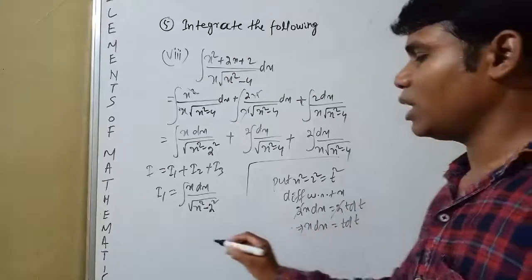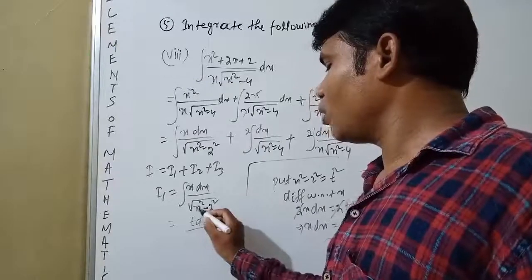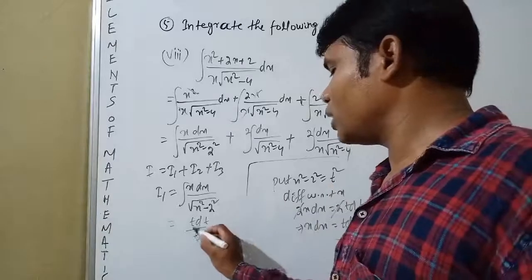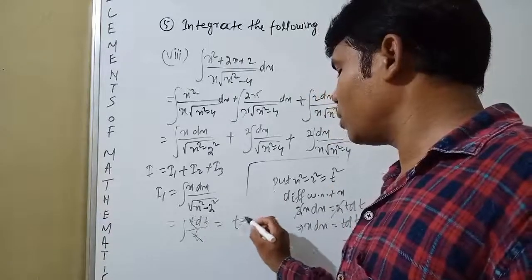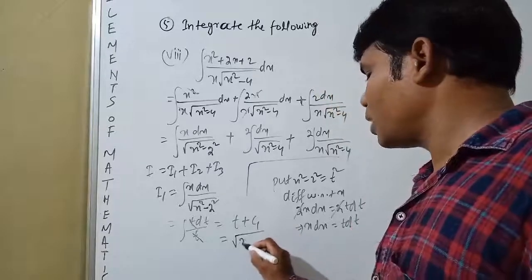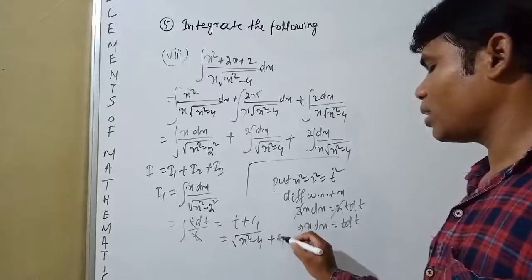Okay, here you see x dx is equal to t dt by root over x square minus 2 square, that is t square, root, that is t. t will cancel out. Integration of dt is equal to t plus c1. Okay, t is equal to how much? Root over x square minus 2 square, that is 4, plus c1.